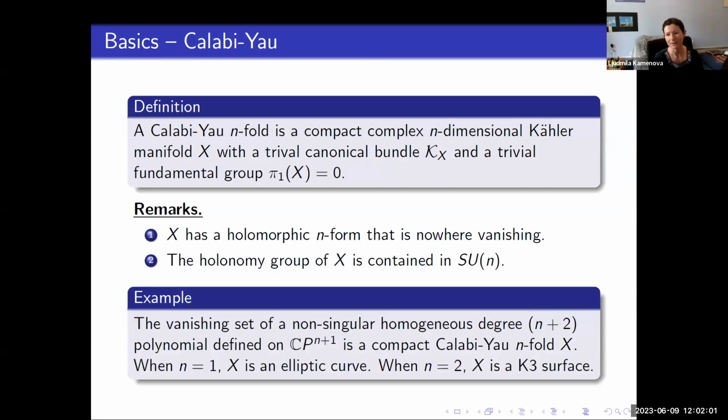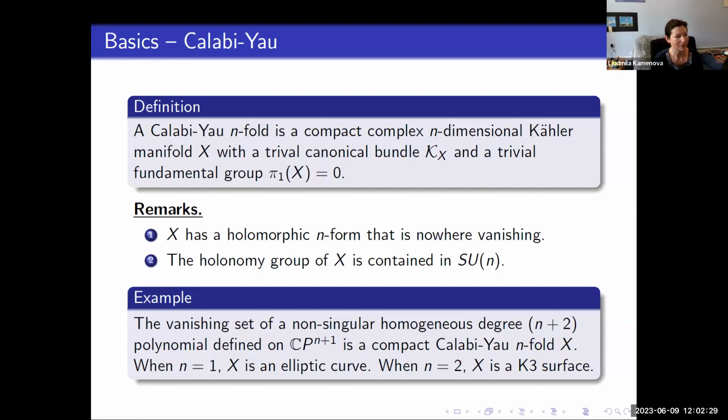And here are some small examples of Calabi-Yau n-folds. That's one standard example. If you have a non-singular homogeneous degree n+2 polynomial in CP^(n+1), then the vanishing set is a compact Calabi-Yau n-fold.